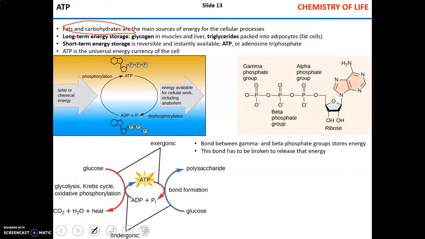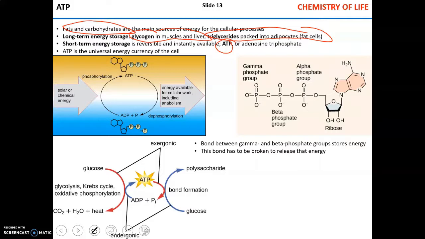It can be short-term energy storage, which is ATP, and long-term energy storage. Long-term energy storage, basically your body's pantry, is glycogen in muscles and liver and triglycerides. Triglycerides are fats. They are packaged in adipocytes, your fat cells.